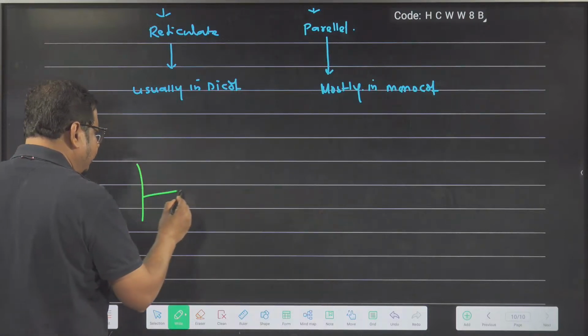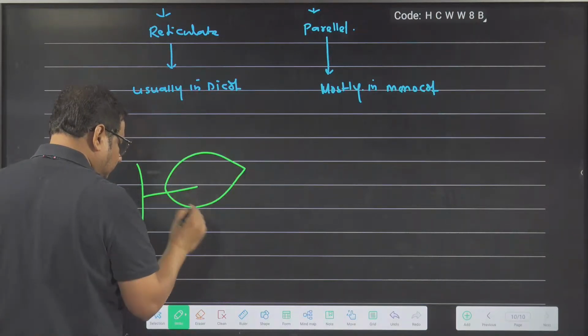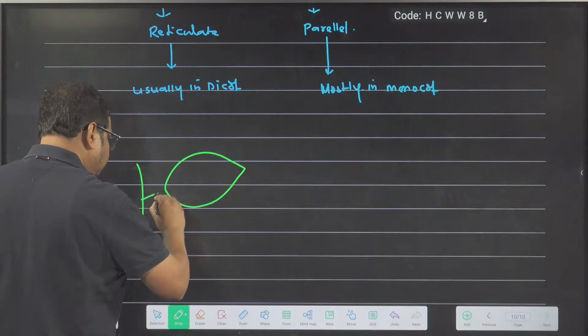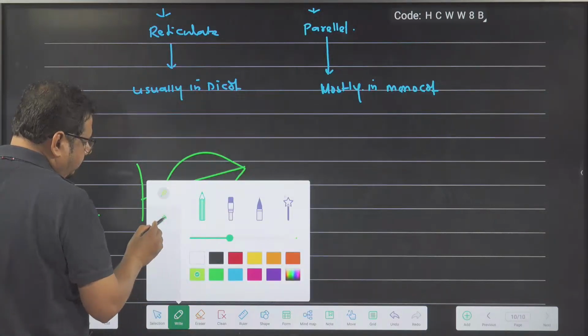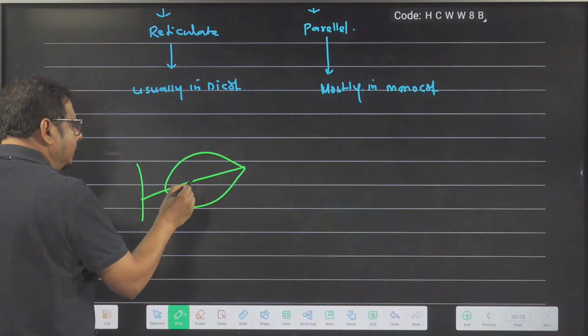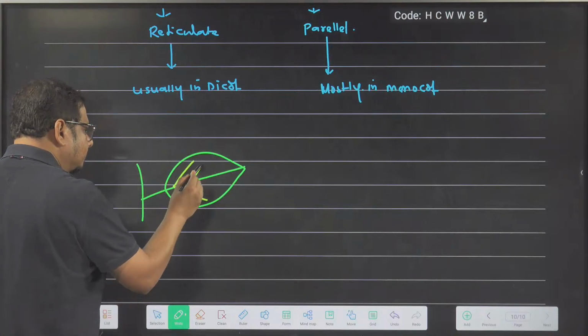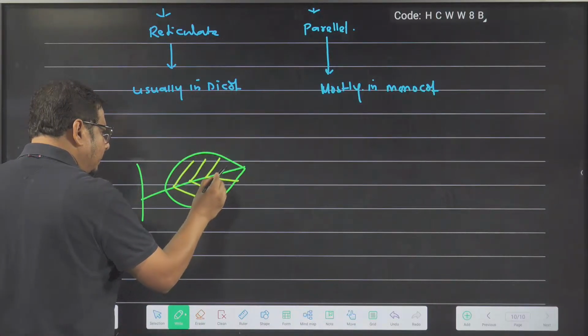Suppose that here it is a leaf. So what you are finding, here it is midrib and these are veins. These are veins arising from the midrib.